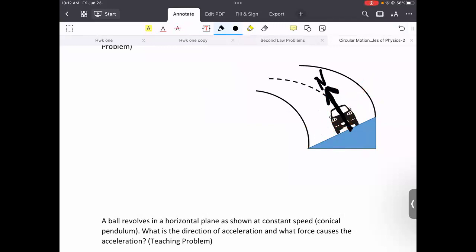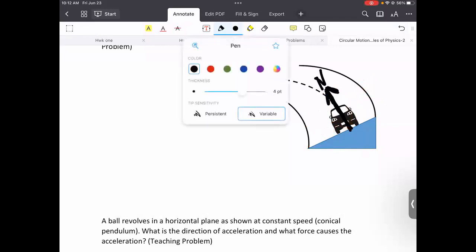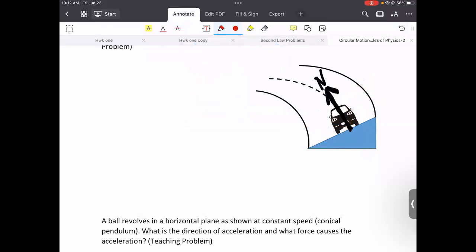Okay. All right. So using a red color, I'll draw it again quickly. So that's the normal force here. And I'm trying to draw from the center of the car to make sure that gravity is somewhere there.